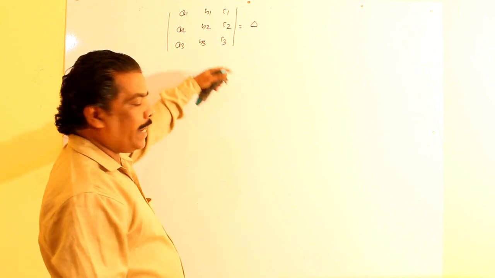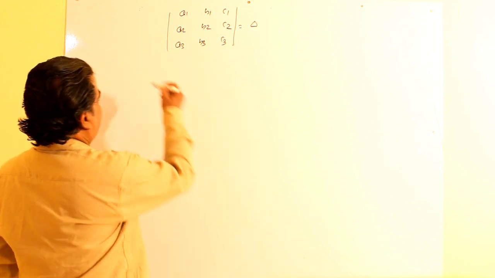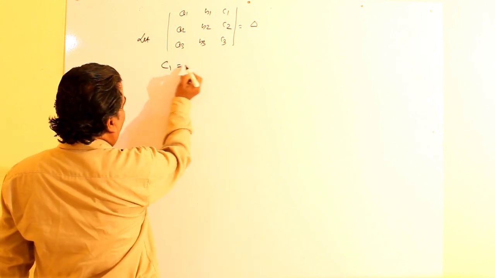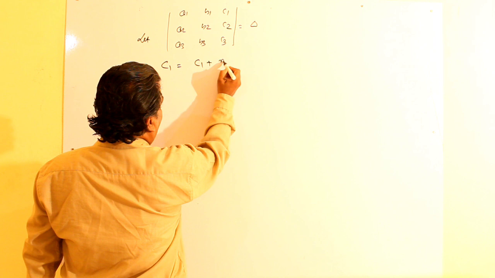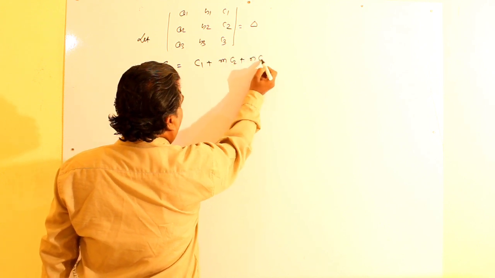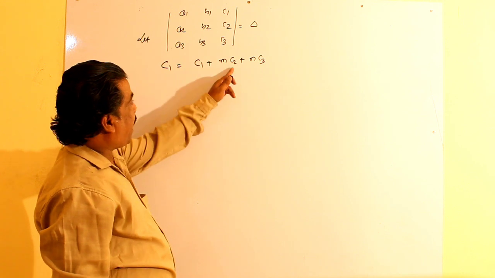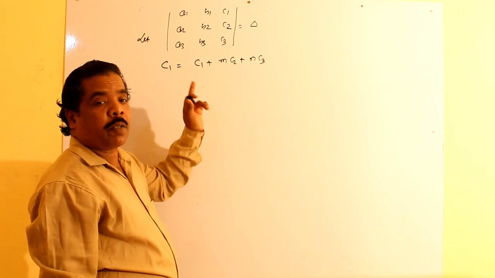Now let the determinant be of third order, and its value is equal to delta. Now write C1 equal to C1 plus m times C2 plus n times C3. Now we increase column 1 by m times column 2 and n times column 3.